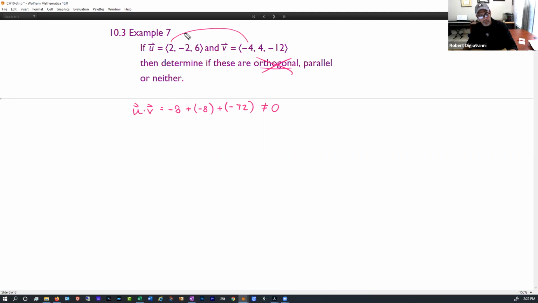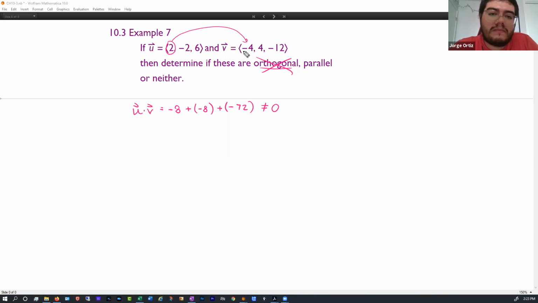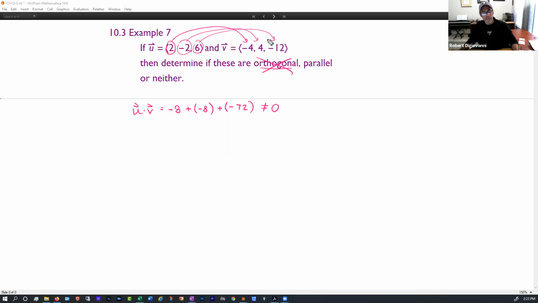So if we look at these numbers, look at the number 2. Is there a way that I can multiply that by something to get -4? What would I have to scale 2 by to get -4? -2. Okay. Is there something I could scale -2 by to get 4? Also -2. What about 6 turning into -12?